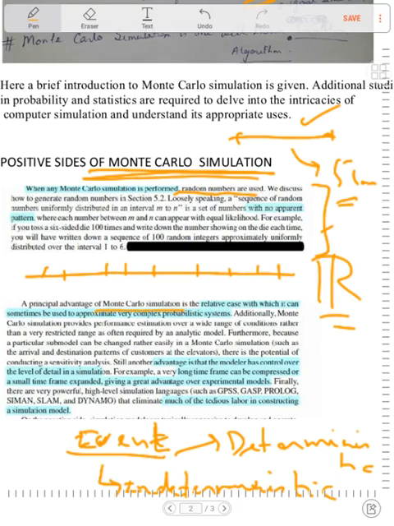Additionally, Monte Carlo simulation provides a performance estimation over a wide range of conditions rather than a very restricted range as often required by an analytical model. That means quite obviously, whenever we want to design an analytical model, we have to take care of many more restrictions compared to designing a probabilistic model.